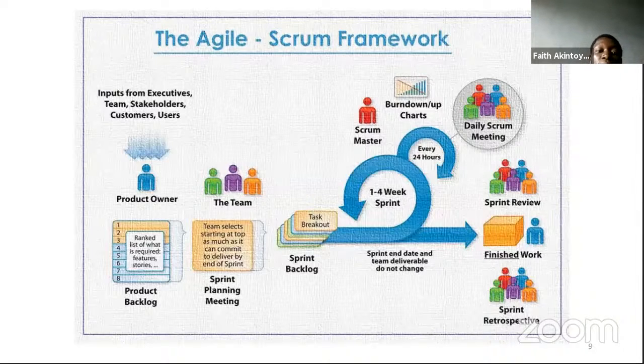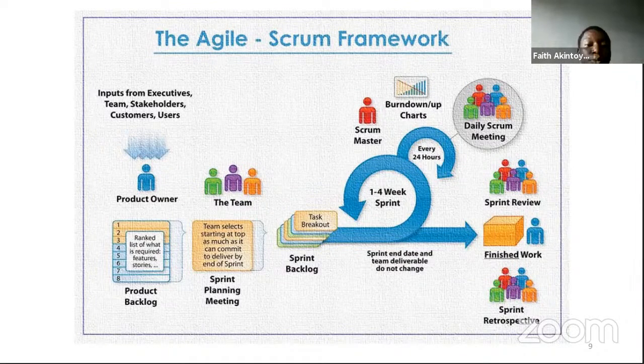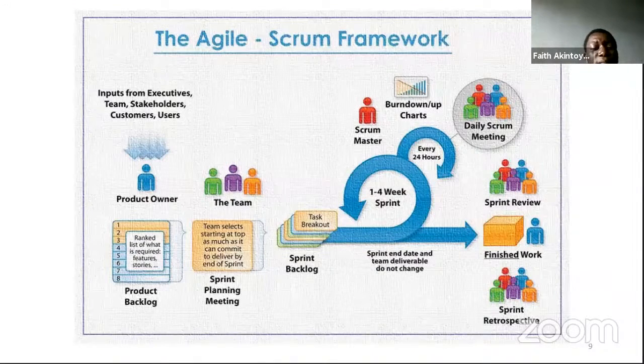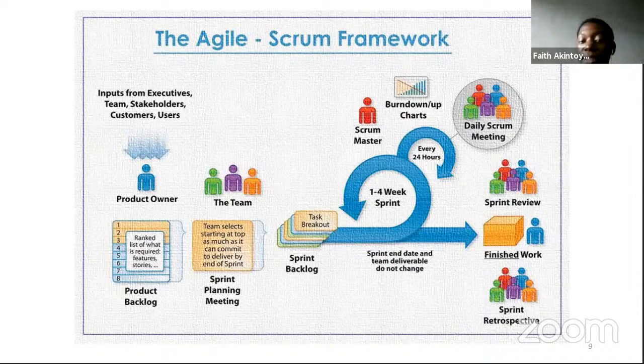Firstly, you see that the product owner gives the inputs which he gets from the executive teams, stakeholders, customers, the users, feedback, like maybe the product backlogs, and it's what you call a sprint planning meeting, whereby the product owner meets with the team, and they commit to what needs to be delivered at certain spans of time.